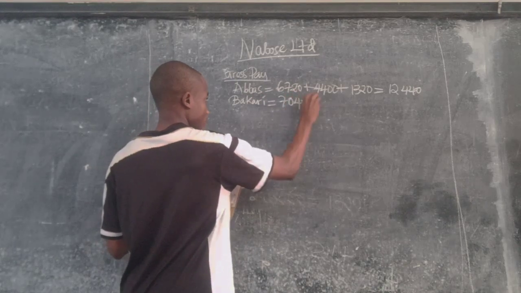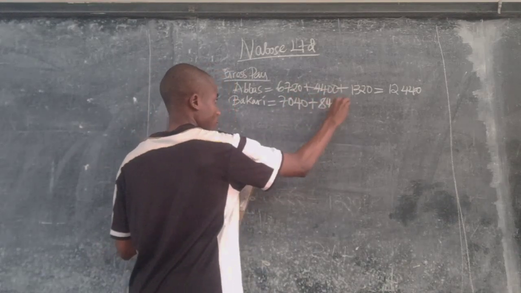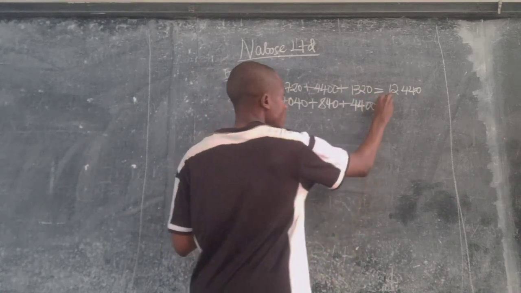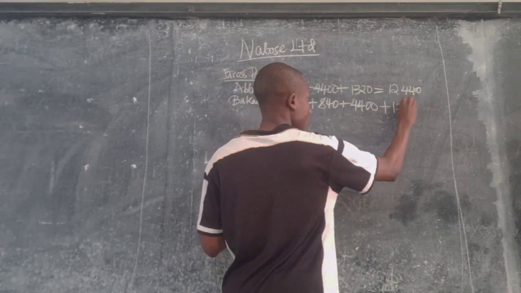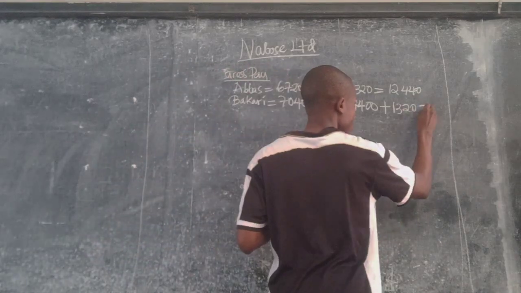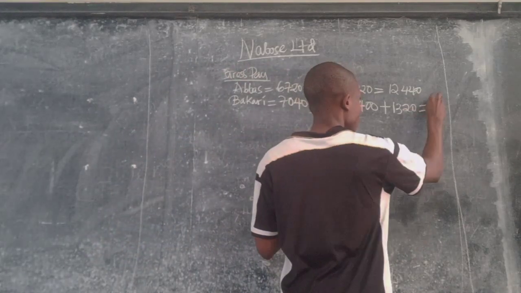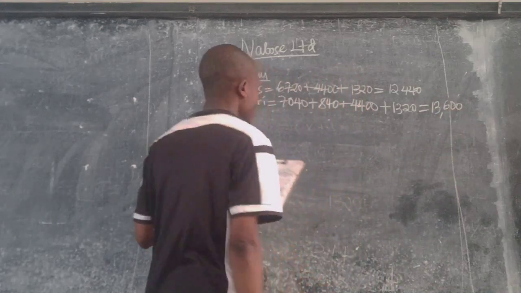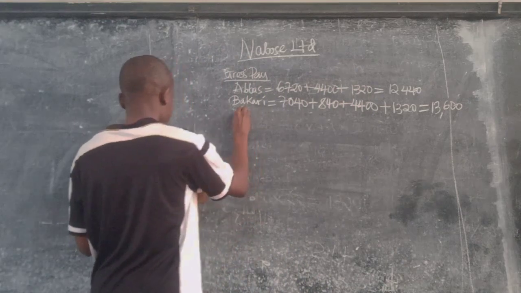For Bakari, it will be 7,040 plus 840 plus 4,400 plus 1,320. You will get 13,600.